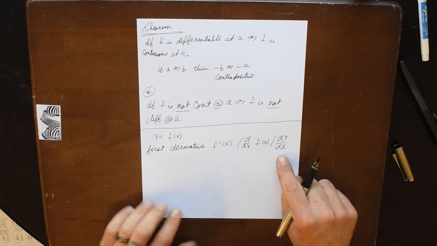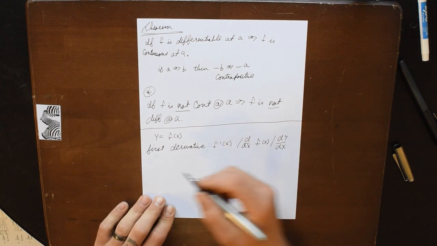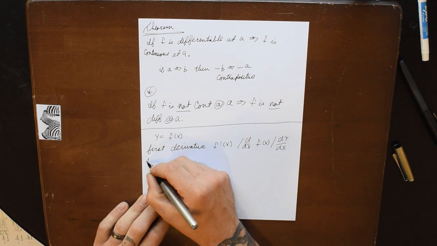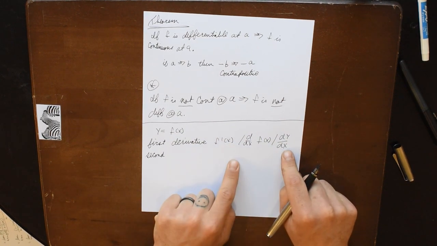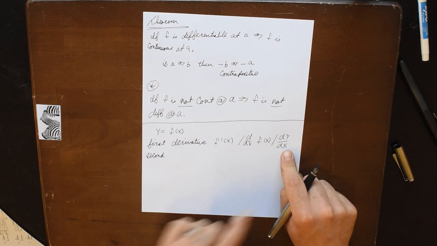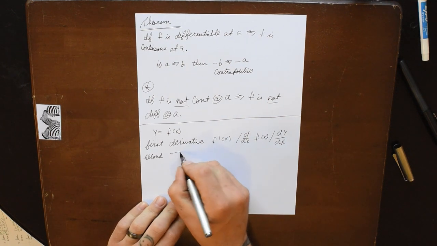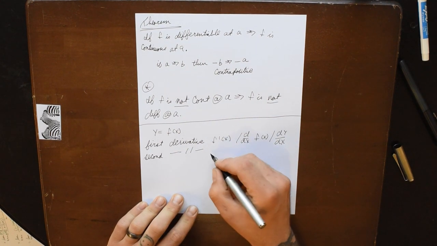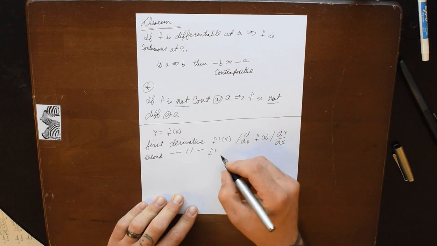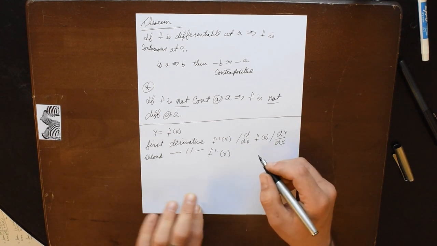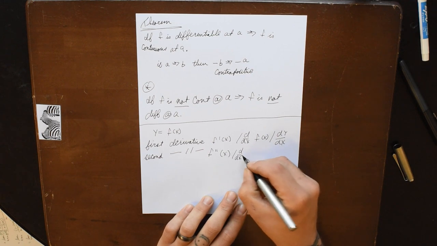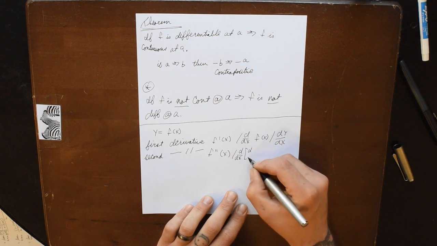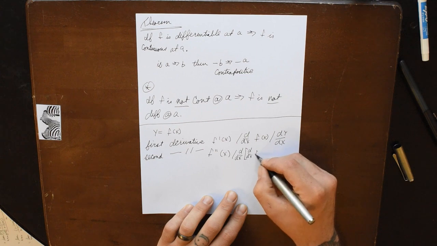If we can take the derivative of this function, well, our second derivative, and that's what we call it. We have a first derivative, we have a second derivative, the next one's going to be called a third derivative. Our second derivative is f with two tick marks, x, or this is the same as saying the derivative with regards to x of the derivative with regards to x of f of x.